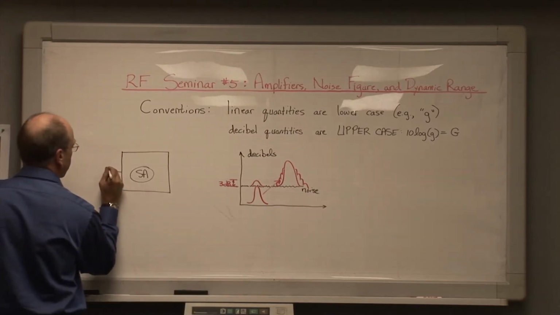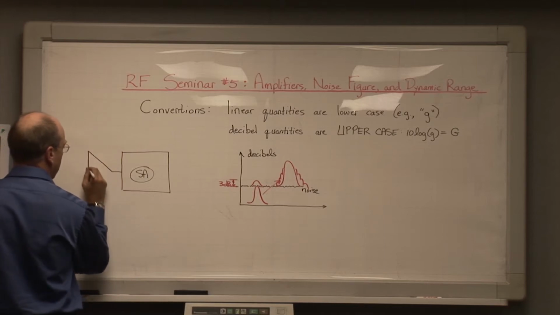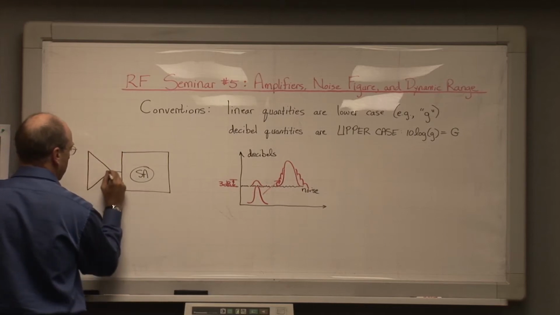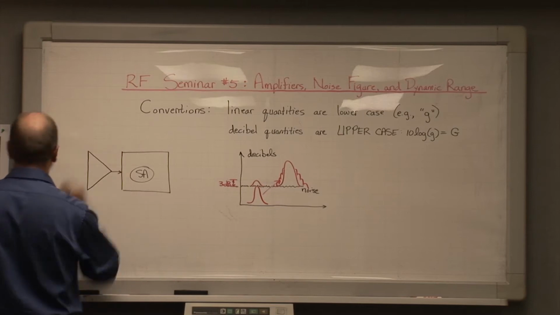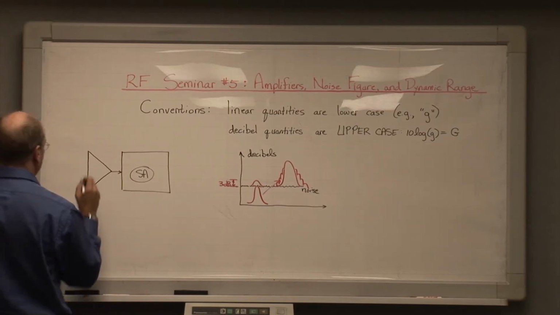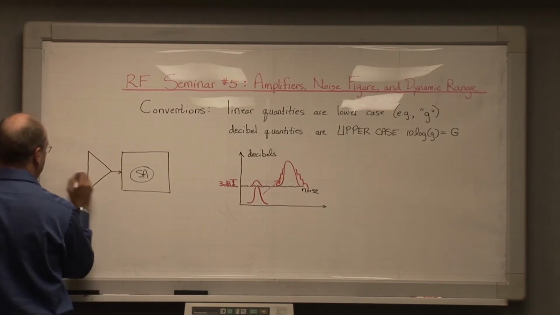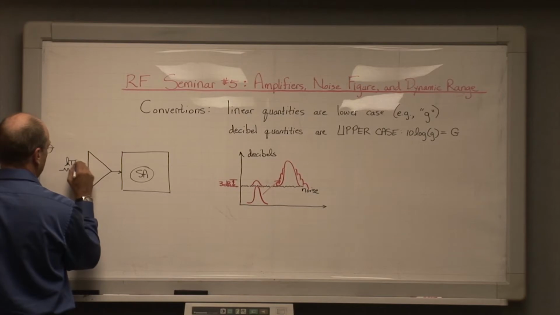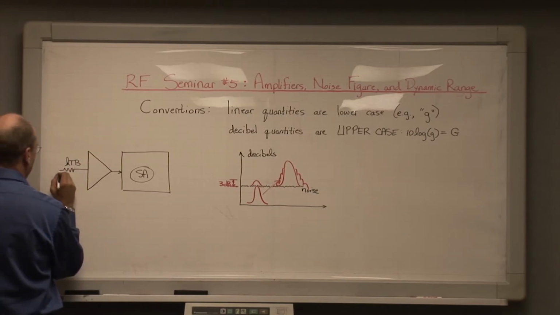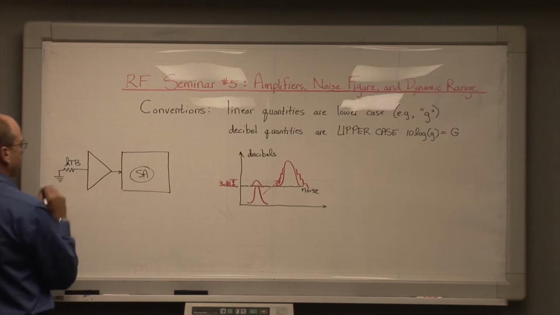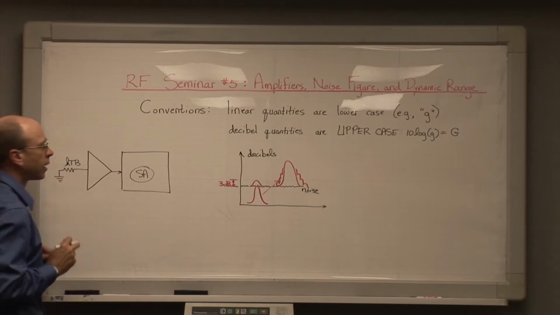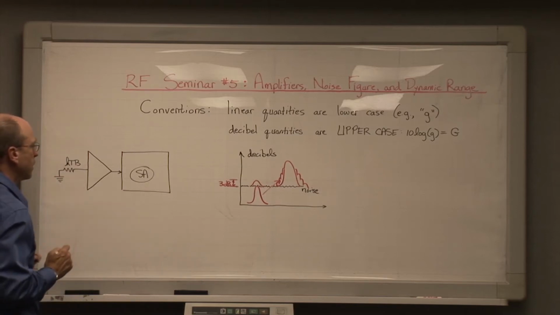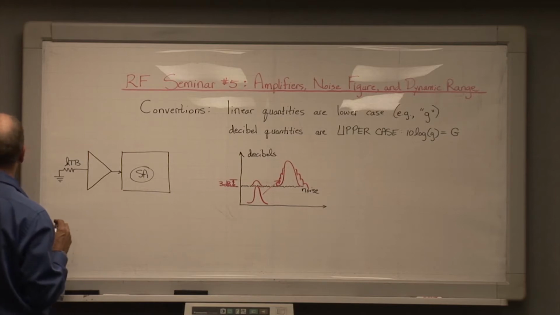We're going to install an amplifier like this at the input to the spectrum analyzer, and we're going to imagine that at the input to the amplifier, we have placed a terminated input, a resistor, say, which itself is producing electron noise at a level of kTB. We've discussed this in earlier talks.